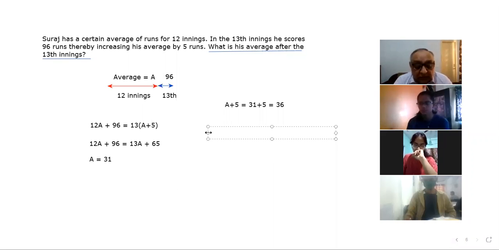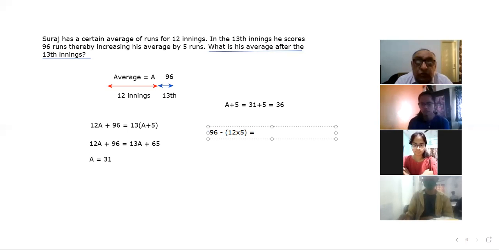Out of those 96 runs, he contributed 5 runs each to the previous 12 innings to increase their average. So how many runs did he contribute? 12 into 5, that is equal to 60 runs.